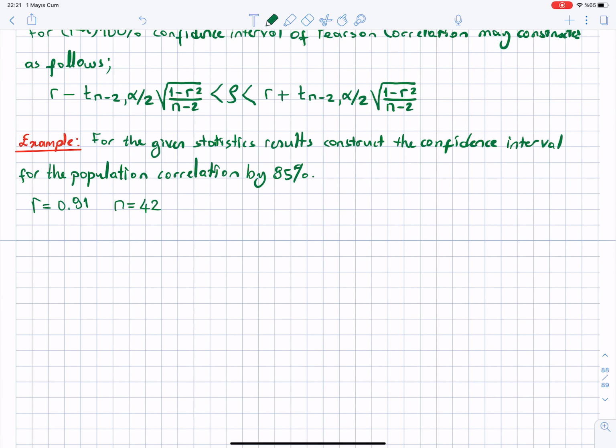So if you substitute within the confidence interval, r is 0.91 minus.